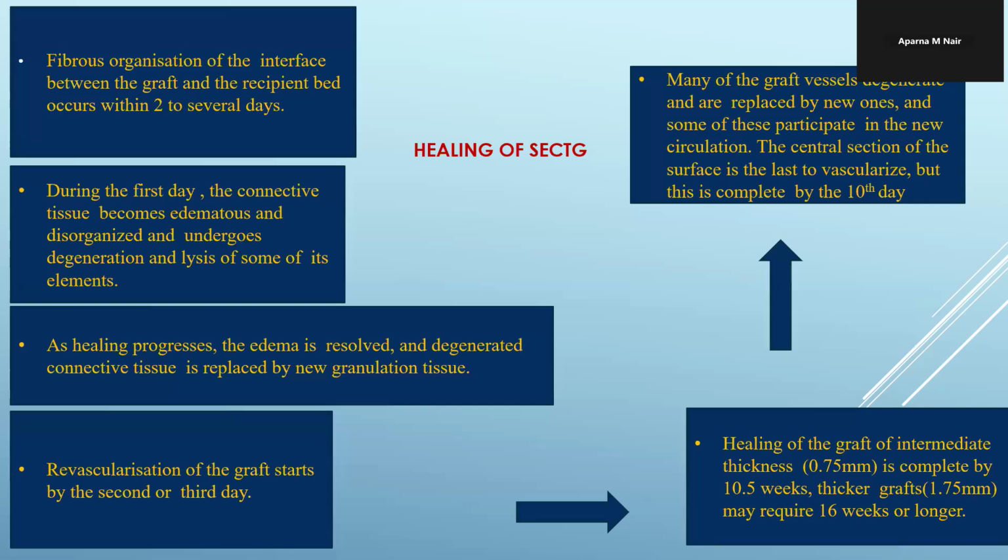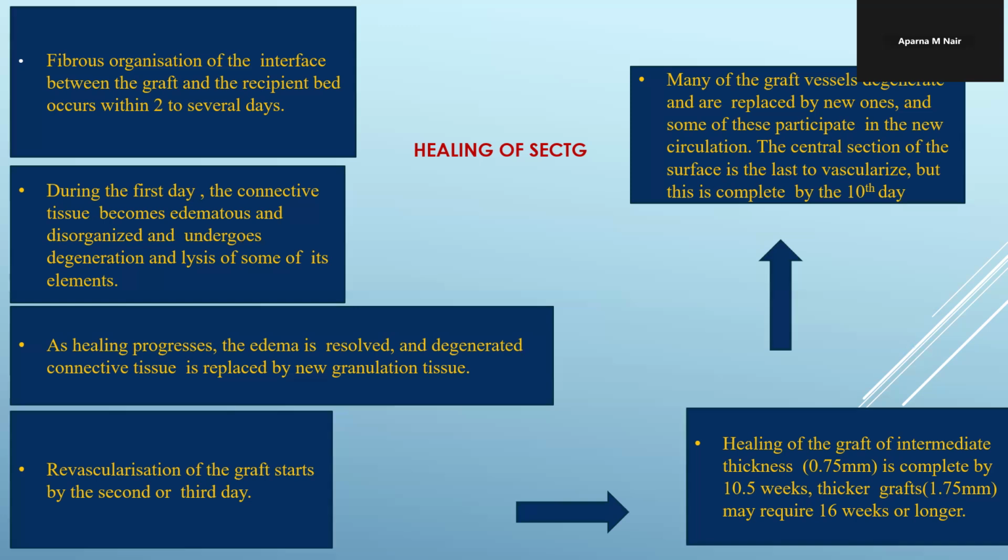During the first day, the connective tissue becomes edematous and disorganized, and it undergoes degeneration and lysis of some of its elements. As the healing progresses, the edema is resolved and the degenerated connective tissue will be replaced by new granulation tissue. The revascularization of the graft starts by the second or third day.